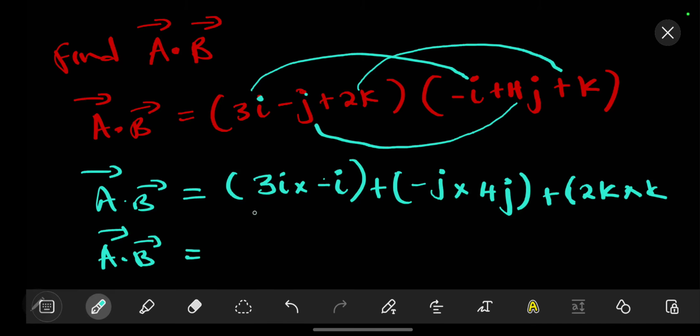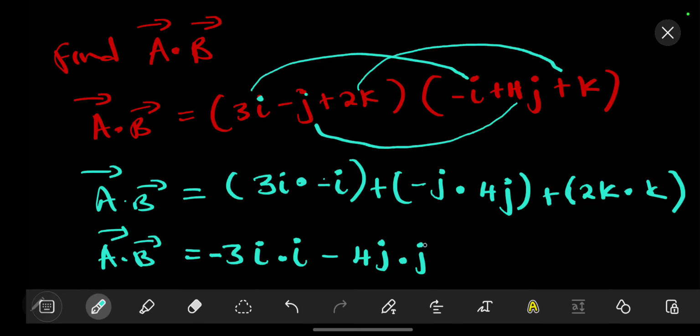Now when you multiply, we use the dot product, because the dot itself also means multiply. It means you're multiplying those two. So this is the same as having our 3i dot, and if we combine this negative times 3, it will be negative 3i dot I. Then this negative multiplies the positive, so we are going to have minus 4j dot j, like that.